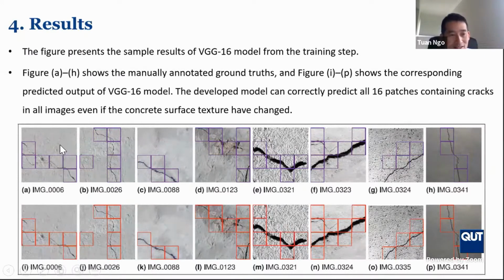We can see the difference between different images. The surface texture, the background, and also the brightness are quite different, but the model predicted quite well. You can compare, let's say, A and I at the bottom here. And with different backgrounds and surfaces, it also predicted quite well. So at least in this case, you can see the model correctly predicted all 16 patches containing cracks.